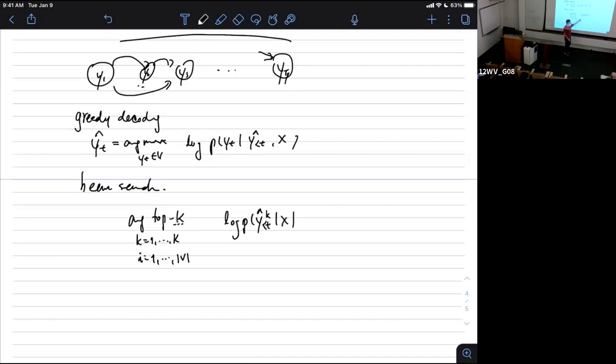It's the sum of the log probabilities of all the words in each of the hypotheses, plus log p of y_t equals i, given y hat k smaller than t and x. So we're doing the joint optimization here.